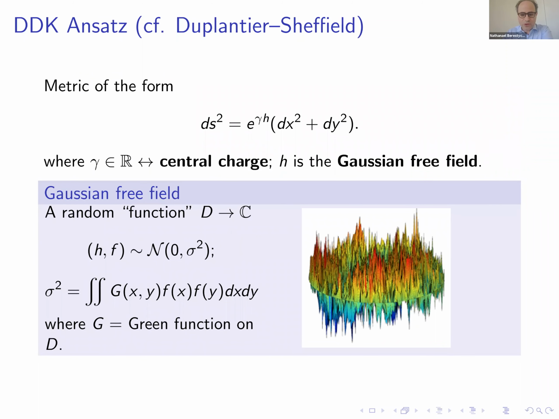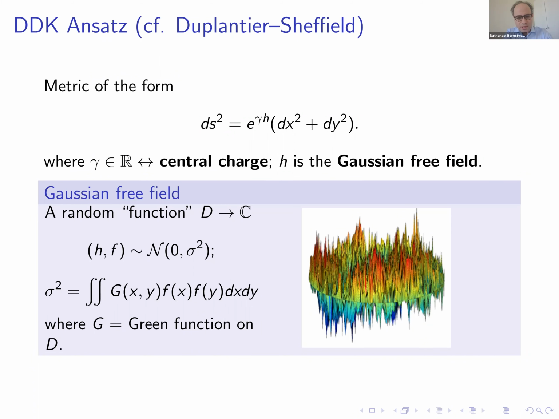So let me tell you first of all a bit about the possible scaling limits. In order to do that, I need to tell you about what's called the DDK Ansatz. This was something that came from physics, but was explained to the probability community largely through famous work of Bertrand Duplantier and Scott Sheffield, roughly a bit more than 10 years ago.